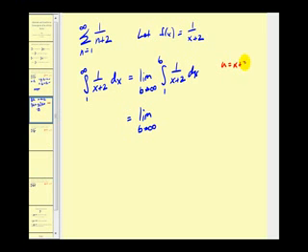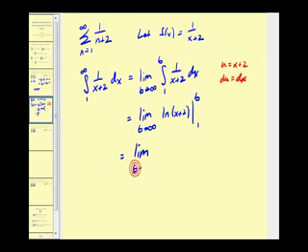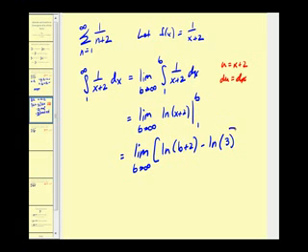If we let u equal x plus 2, then du would just equal dx. So the antiderivative of 1 over u would just be natural log u. So in this case we'd have natural log of x plus 2. But this is a definite integral. So we're going to have the limit as b approaches infinity of natural log of b plus 2 minus natural log of 1 plus 2, or natural log 3.